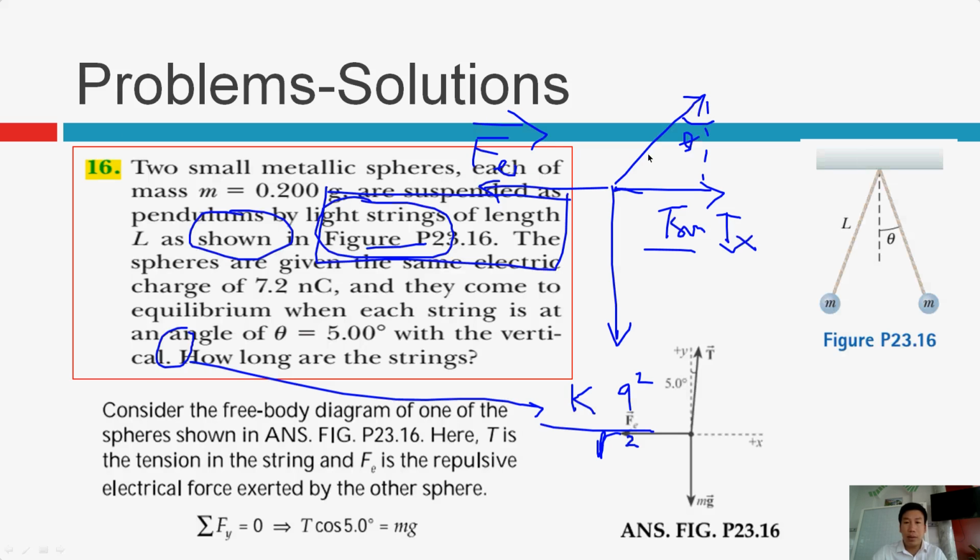I call this one R, R is here. So how can you find R? This is theta, this is L. So you have R equal what? R equal to 2L sin theta.